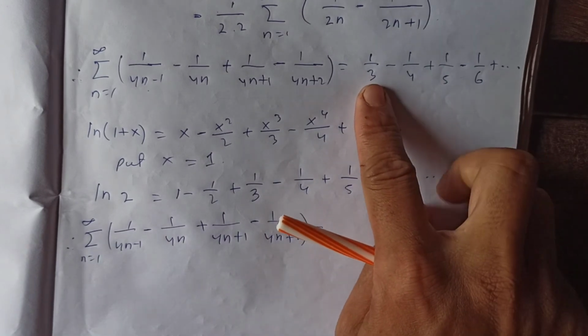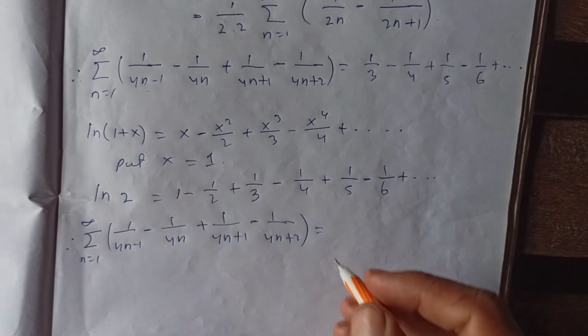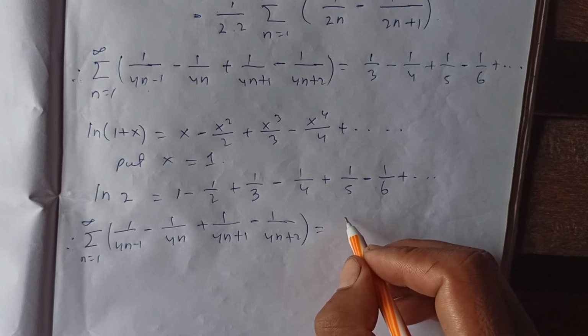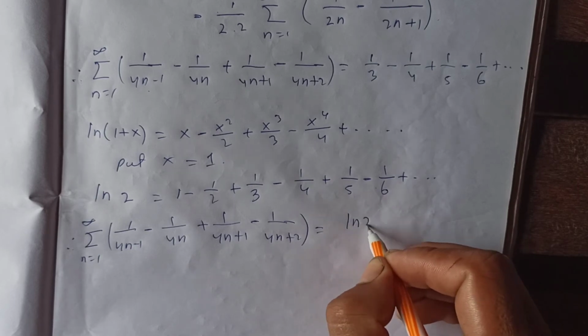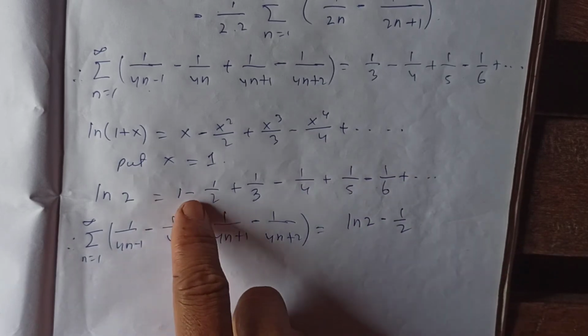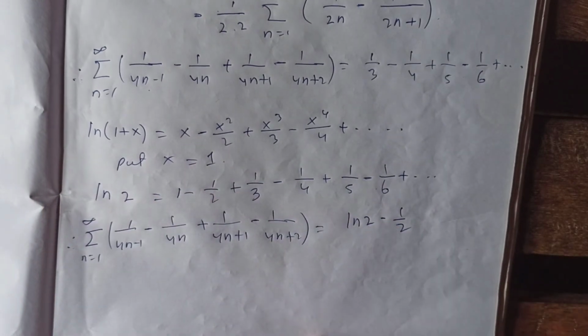This one starts from here, meaning this term, these 2 will be going here. So it is natural log of 2 minus half, right? 1 minus half is half, so half transfers here and becomes minus.